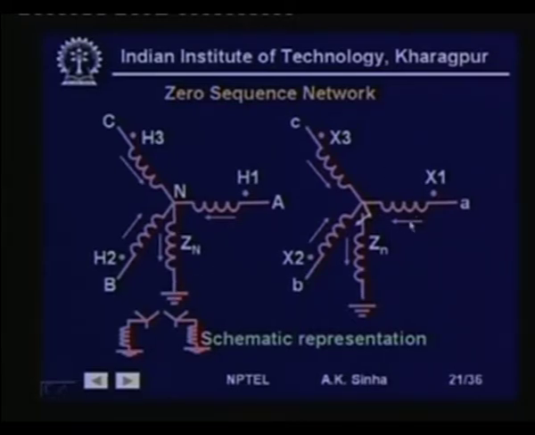Similarly, same is the case here. On the LV side, IA, IB and IC currents are flowing, and the return path is through this impedance Zn.